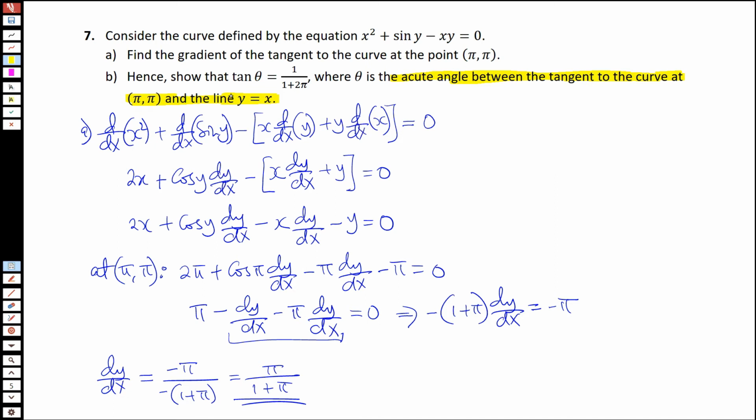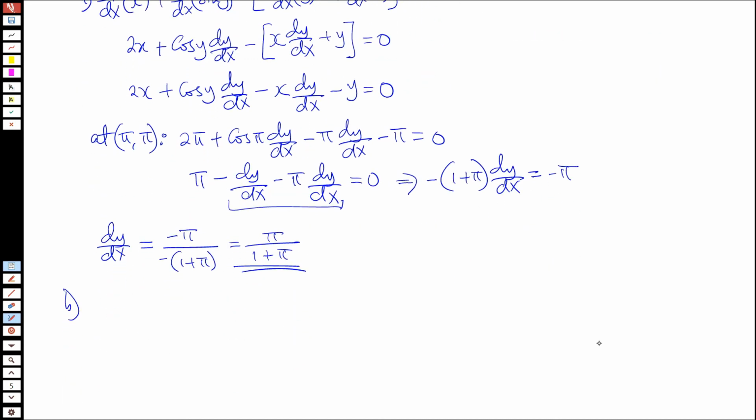So θ is an acute angle between the tangent line and the line y equals x. Now there's something that I'm going to write here that will be helpful.